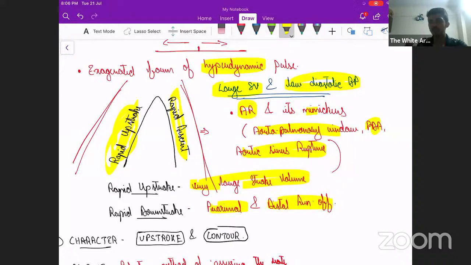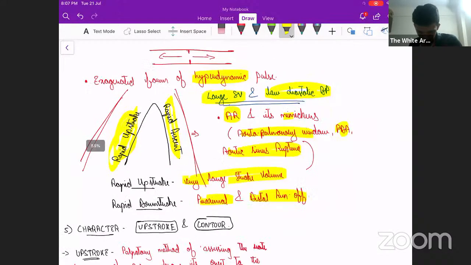How do you elicit it clinically? You look for it as it is, by feeling for it. Also, you can see the rapid upstroke and rapid downstroke. If you want to further exaggerate the effect, you raise the hand. Very good. Raising the hand decreases the diastolic pressure even more, so the descent will become even more apparent.